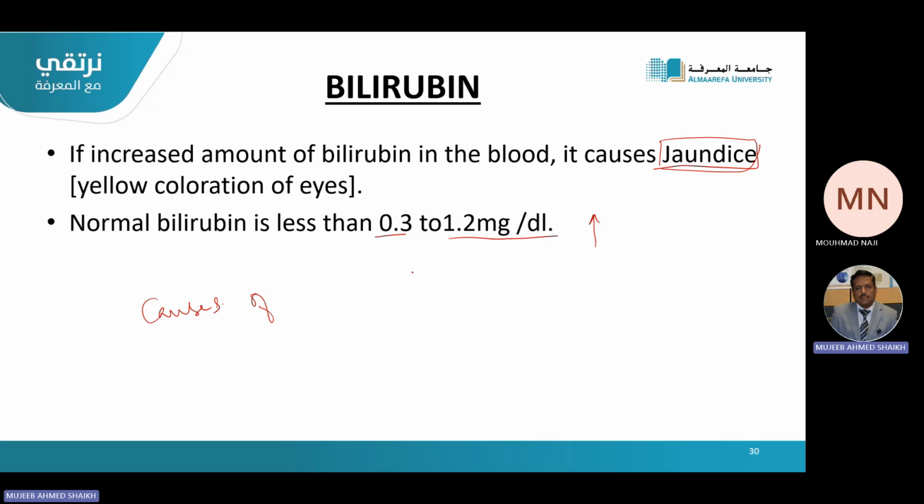Causes of jaundice are classified as causes before the liver. This is called pre-hepatic jaundice. Causes may be related to the liver, that is hepatic jaundice. And it can be related to the obstruction of the duct.